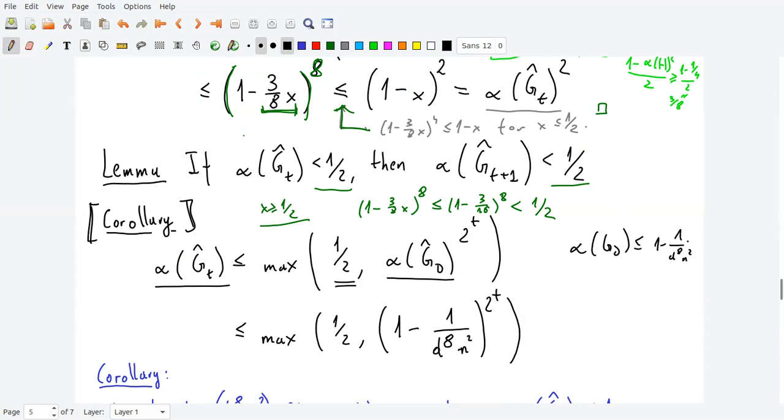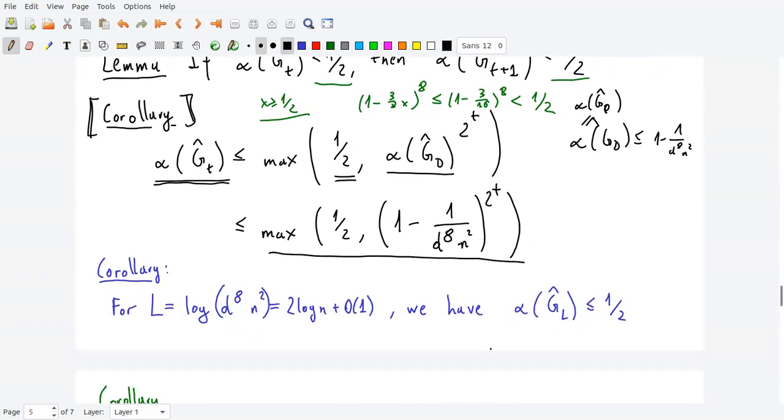This is what we observed at the beginning because of connectedness of G0. And now you also know that alpha of G0 hat is upper bounded by alpha of G0, well, because it's just G0 taken to the power 8. So actually it is equal to alpha of G0 to the power 8, so it can only get better. Good. So all in all, we know that alpha of GT hat is upper bounded by this.